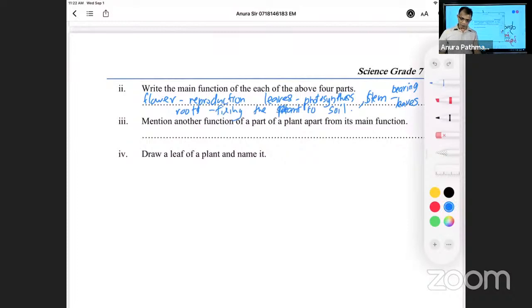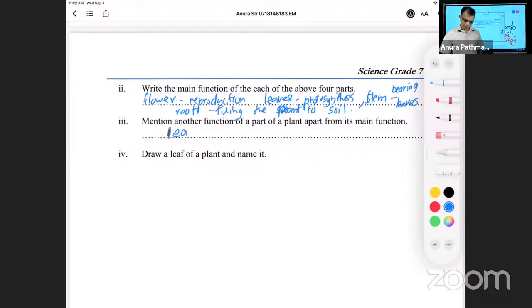Mention another function of a part of a plant apart from its main function. You can say roots absorb water and minerals.